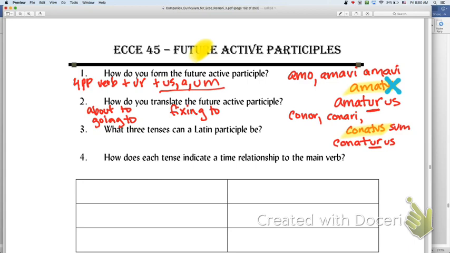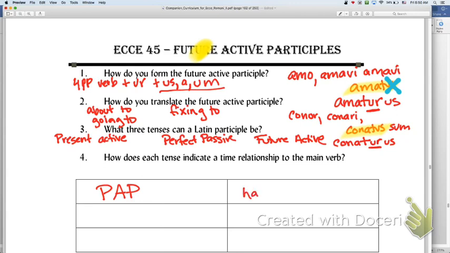Okay, so let's just review a little bit. What three tenses can a Latin participle be? Present active, perfect passive, and future active. How does each tense indicate a time relationship to the main verb? The PAP, the present active participle, is happening now.